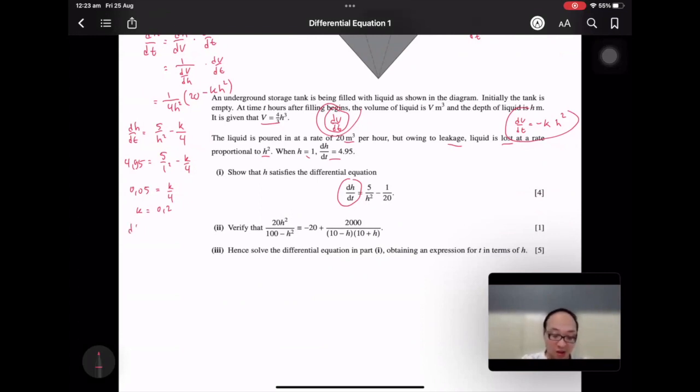So that means dh/dt will be equal to 5 over h squared minus 0.2 over 4, which is 5 over h squared minus 1 over 20. Sure.